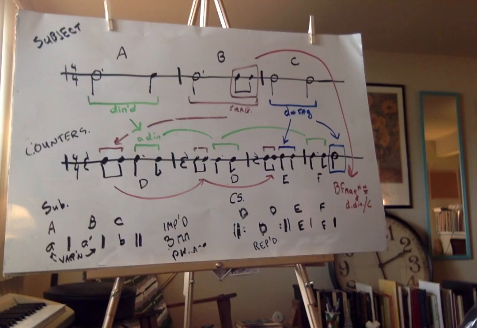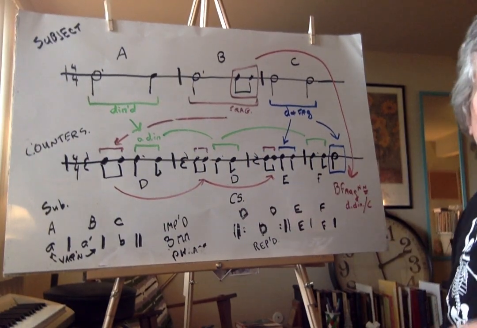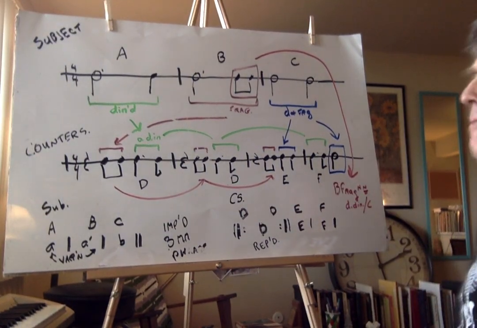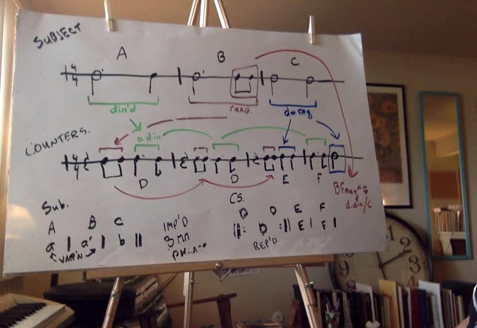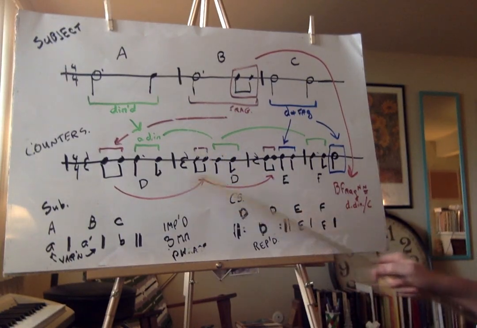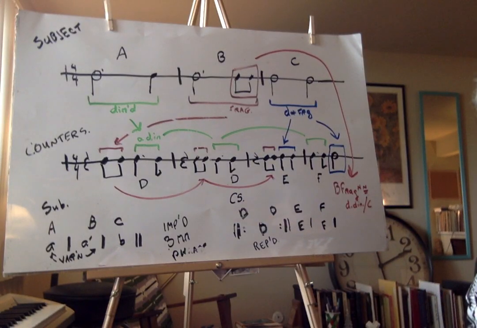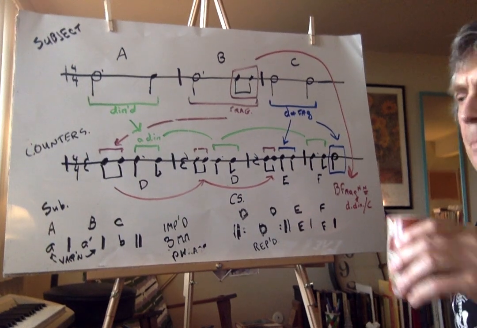Which I think is quite interesting, how rhythmically tight, or how rhythmically consistent, or how derived the rhythms of the countersubject can be, generated or thought of as coming from ideas in the subject.